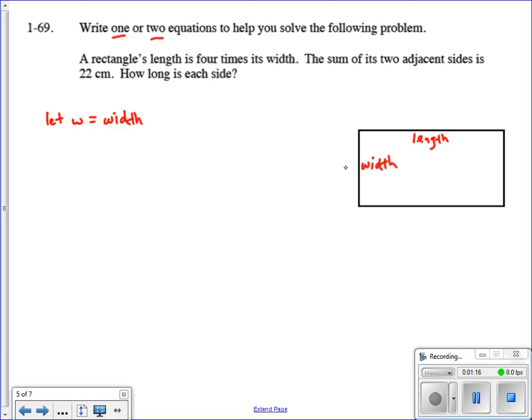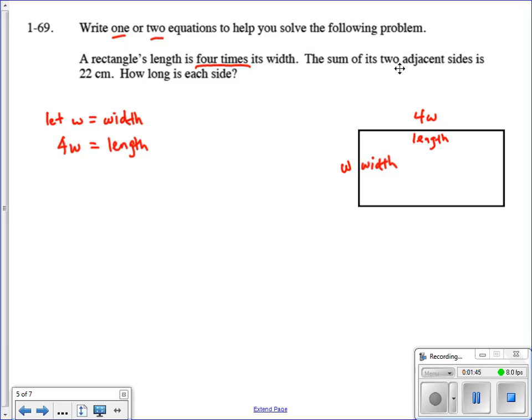If W is the width here, and they say that the length is going to be 4 times the width, then we know that 4 times what we have for this width here should be the length of the rectangle. So this is W, this is 4W.